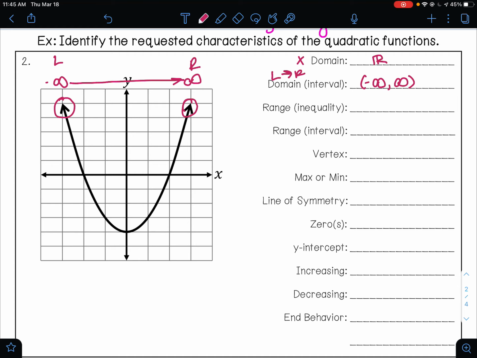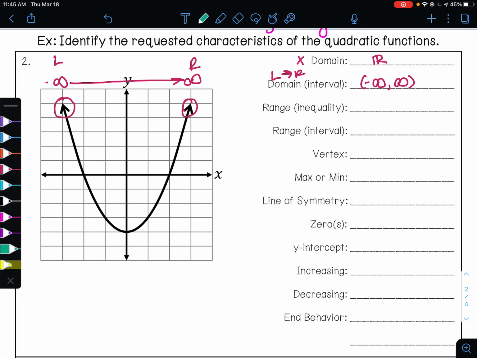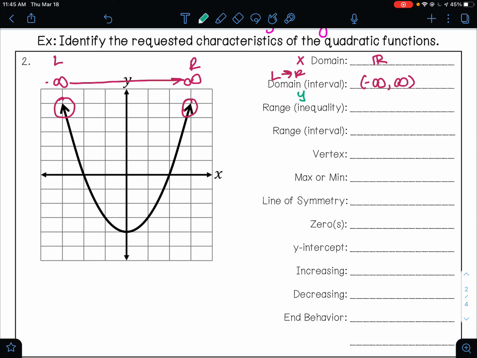Our range is our y values from the bottom of the graph to the top of the graph. The bottom of my graph is my vertex in this case, and this vertex is at the point 0, -4. So my smallest y value is -4.